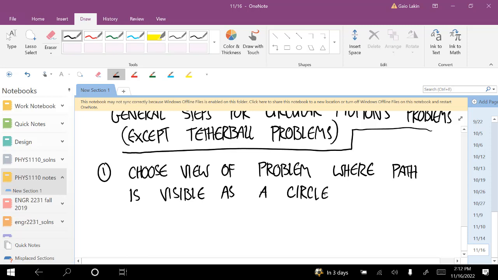So that means if something is rotating in a circle that's parallel to the ground, like a merry-go-round, the view you want to take is from above, or it could be from below, but you need to be able to see the actual circle. You don't want to be looking at the side of the circle, you know what I mean?